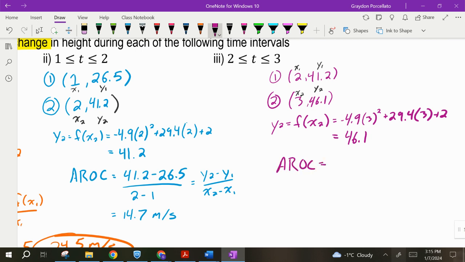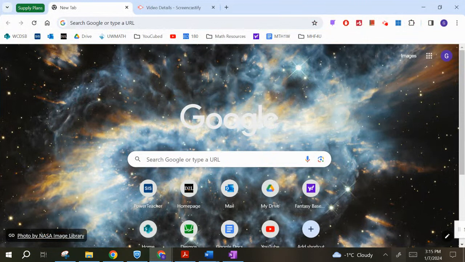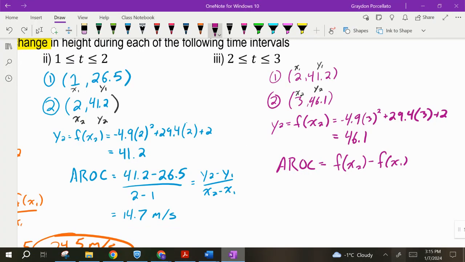And now we can calculate my AROC. My AROC, or my average rate of change, is going to be, and I'm going to write it this way this time, f of x2 minus f of x1 all over x2 minus x1. Well, f of x2, we calculated here.